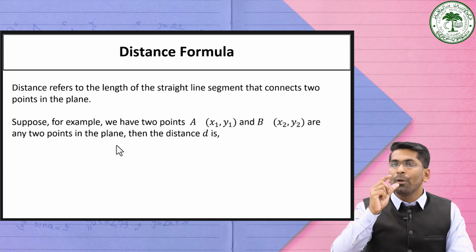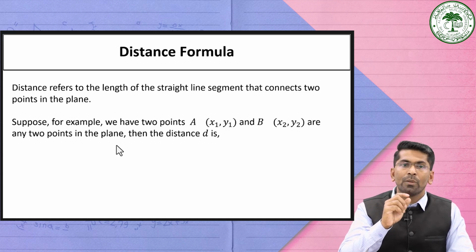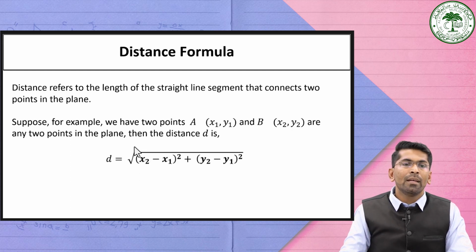And we want to find out the distance between A and B. This distance can be calculated by using the formula d is equal to the square root of the sum of the squares of differences in the x coordinate, that is x2 minus x1 squared, plus the y coordinate difference, y2 minus y1 squared.